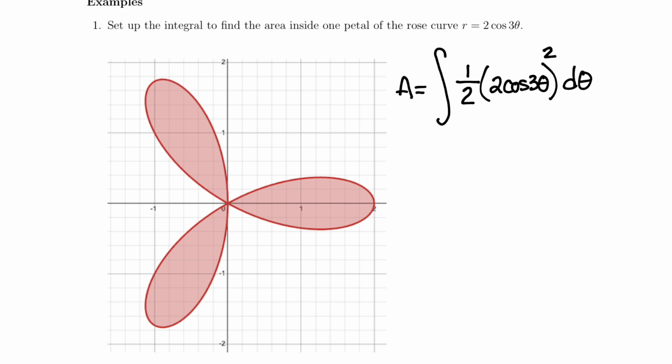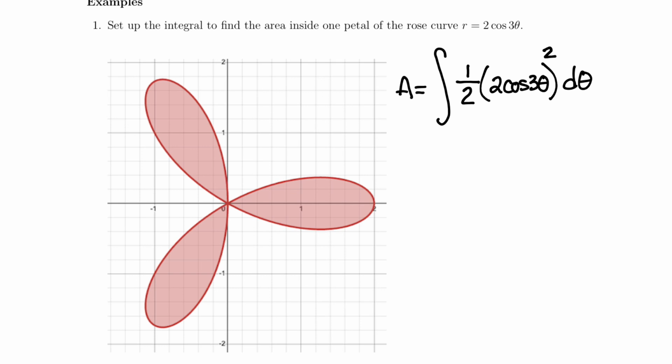And I bet you pi over 2 to 5 pi over 6 gives me another petal, right? Do you see what's happening here, guys? So let's go back to your idea, Gwen, of 0 to pi over 6. It gives me how much of the curve? It gives me half of it, right? It'll give me this half.